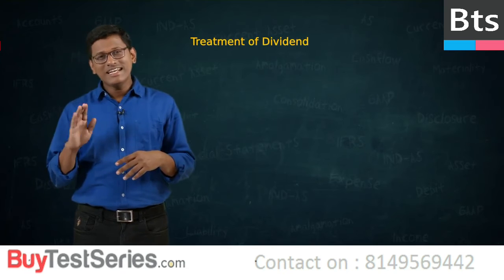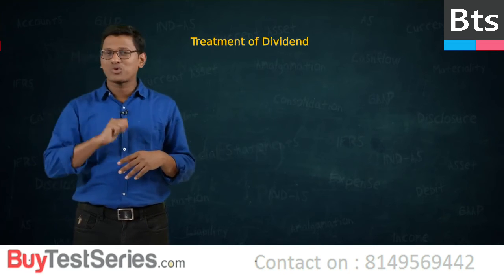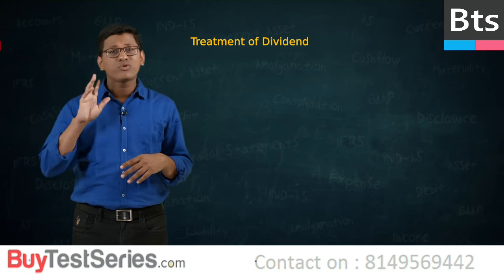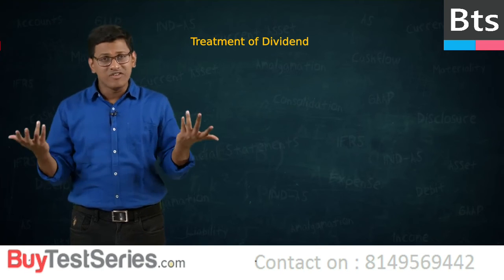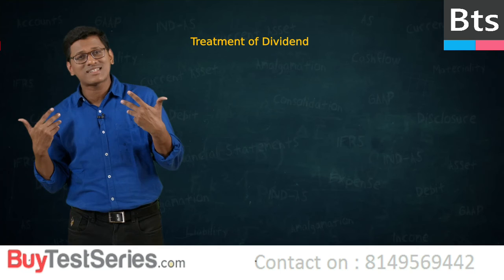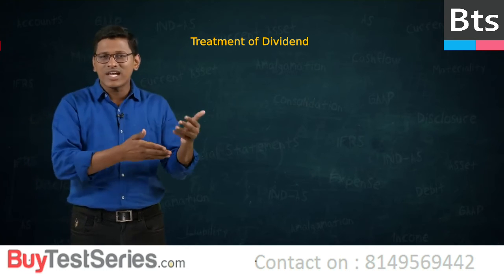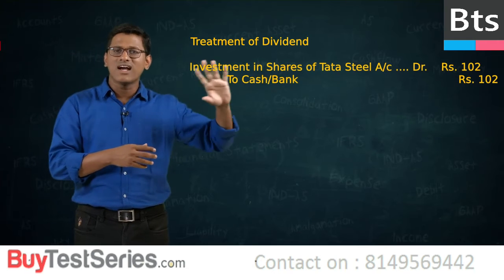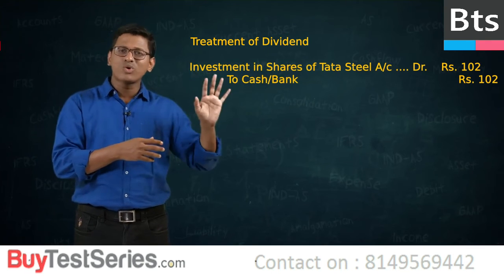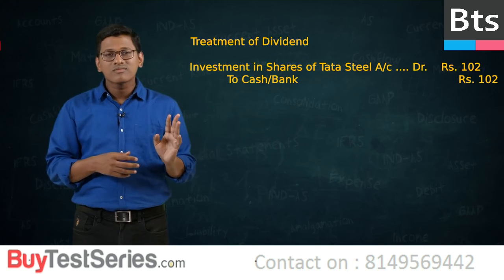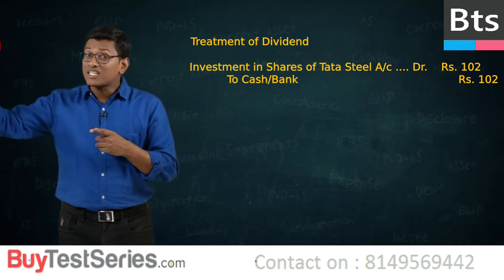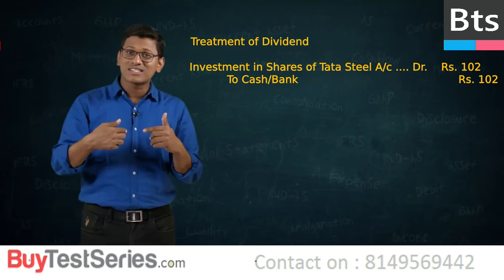Now imagine it is not the interest portion, there was some dividend portion, but we did not know how much dividend we might receive. So what is the entry we passed earlier? We would have passed an entry like this: investment in equity shares of, say, Tata Steel account debited 102, to cash or bank 102. But for that period, we are receiving some dividend.